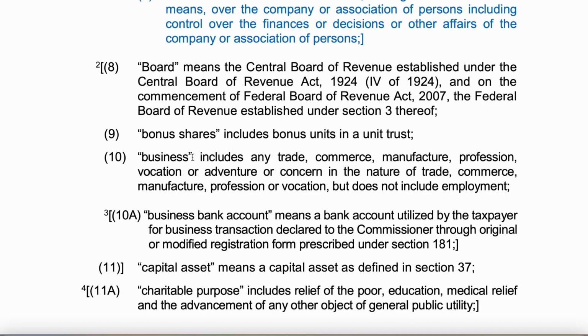So all those definitions are included by using this word include, and it includes any kind of trading that you do, and the income that you earn will have to be shown there.